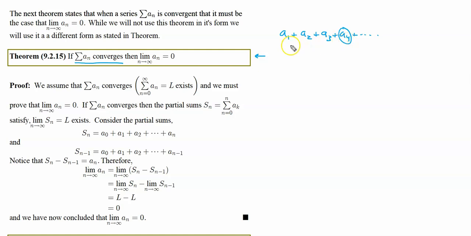If they aren't, then it seems like this series should diverge. And that's actually what the nth term test states. So that's the statement of this theorem.